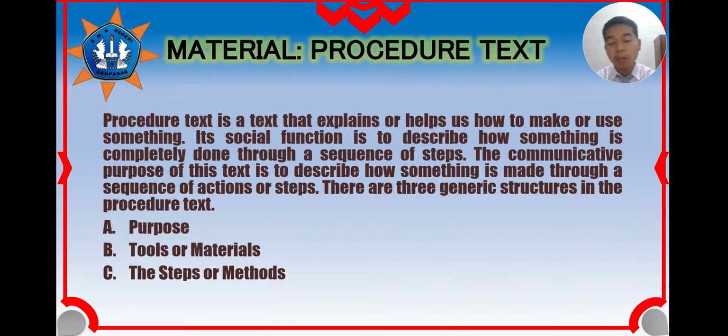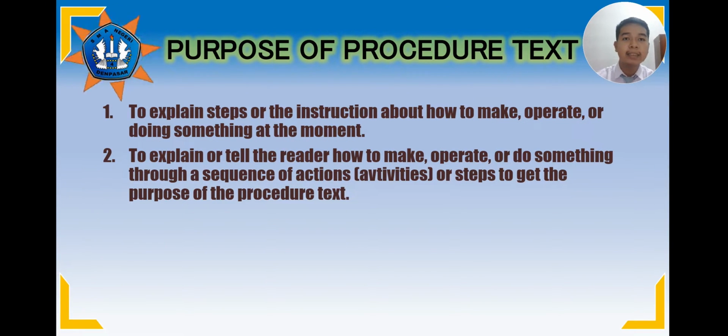The second one is tools or materials, and the third one is the steps or the methods. I think these three generic structures are very well known among students and for us.